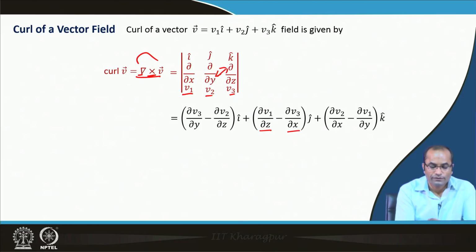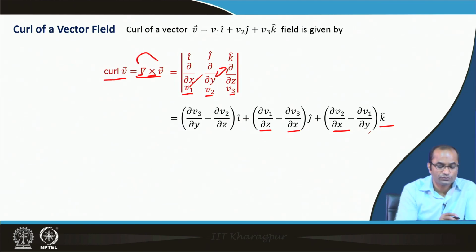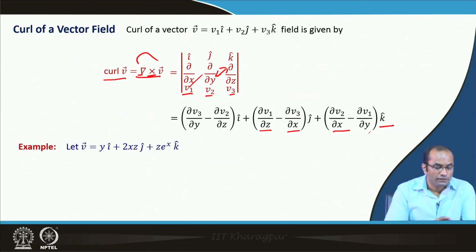For k we have del V2 over del x minus del V1 over del y. This is the expression for evaluation of the curl, and in the next slide we will see what this signifies physically. Now, let us take an example to evaluate this.